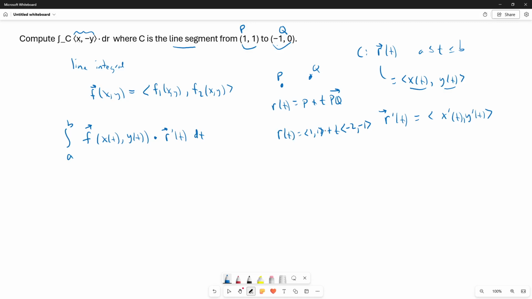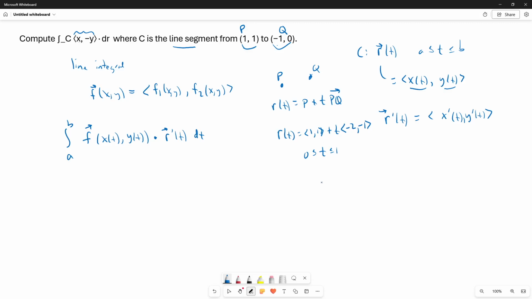There's our line segment, and t goes between 0 and 1. If t is 0, we get the point (1, 1) where we're starting, and if t is 1, then 1 plus negative 2 is negative 1, and 1 plus negative 1 is 0, so we end up here. That looks correct.